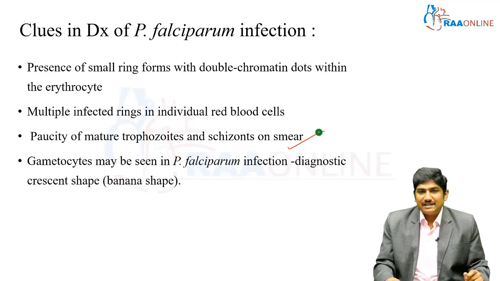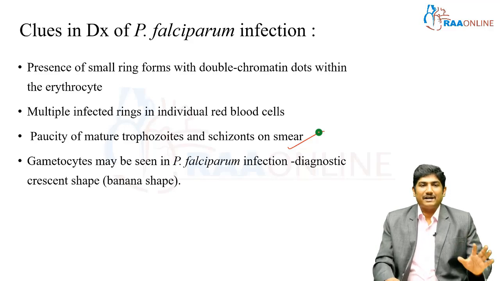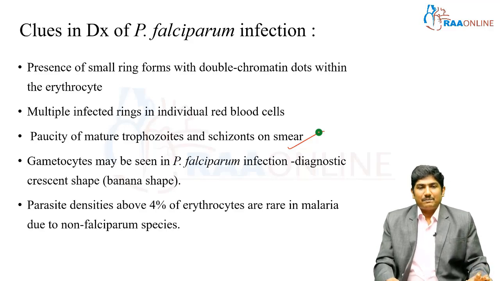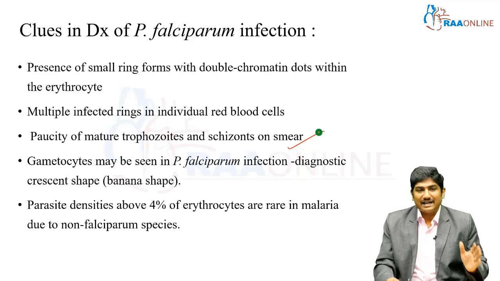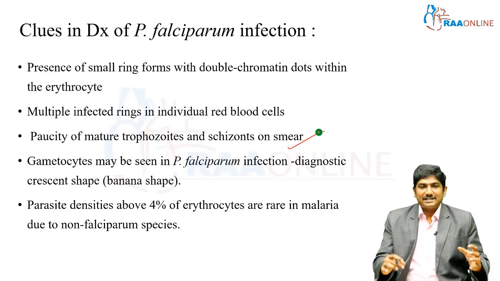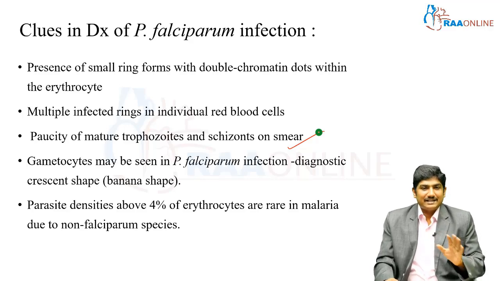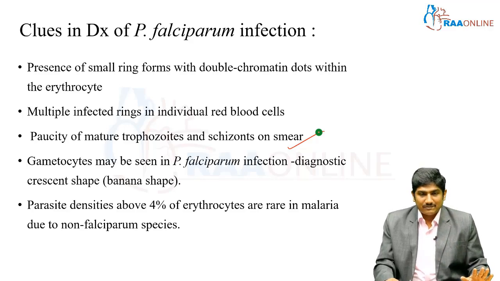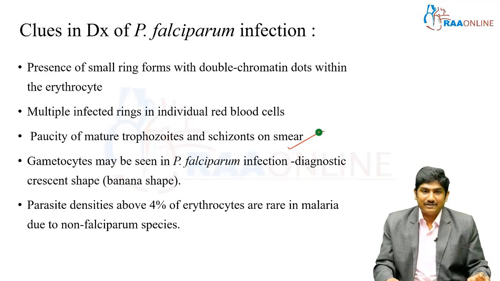Gametocytes may be seen in falciparum infection, and this is actually diagnostic: crescent shaped or banana shaped. And a parasitic density above 4% of erythrocytes is rare in forms of malaria other than falciparum. So if the parasitic density turns out to be more than 4%, that indirectly tells you that you are handling falciparum malaria, because the density is going to be extremely high in falciparum.